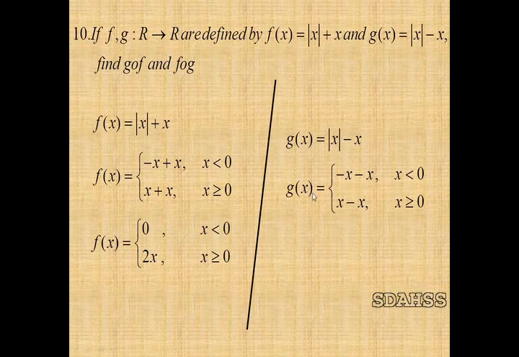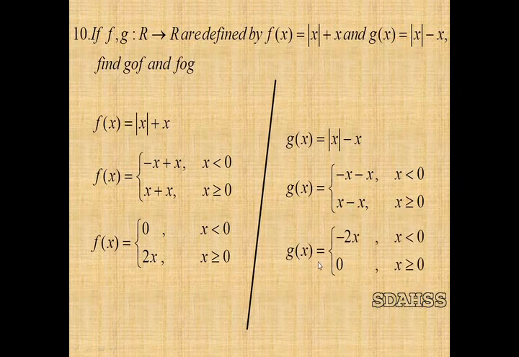Now in the place of modulus of x we can write minus x for x less than 0: minus x minus x. Then plus x for x greater than or equal to 0: x minus x. So this can be written as g of x is equal to minus x minus x, which is minus 2x, for x less than 0, and x minus x, which is 0, for x greater than or equal to 0.